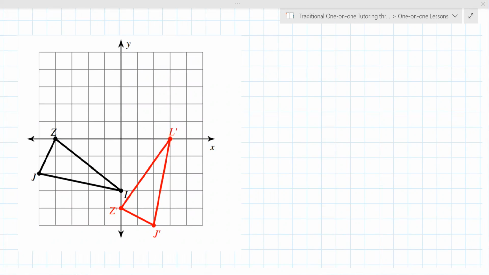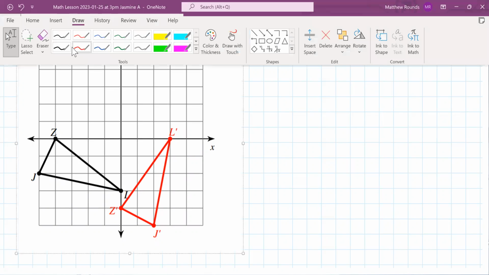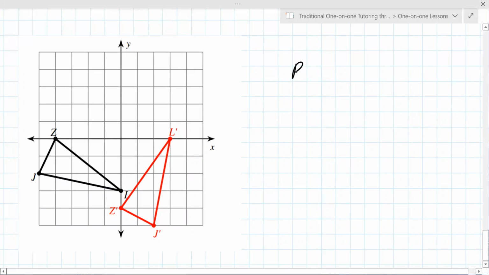Is it a rotation? It is. So we have to be more specific though. It can be 90 because it's only moving one quadrant. You just have to get the direction right.